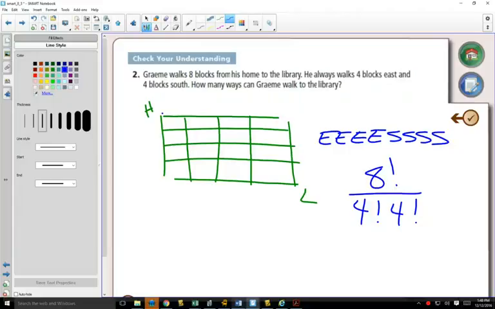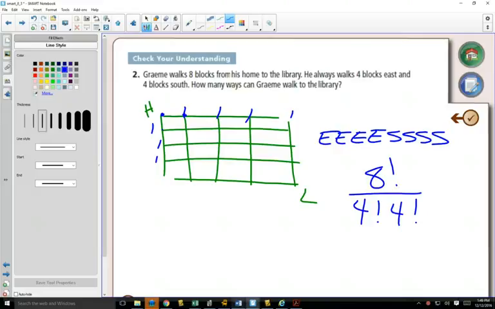Here's Graham. How many ways could he get to there? 1 way. Would you agree that there's only 1 way to get to there? Are there any other places that there's only 1 way to get there? All the way across, right? Only 1 way to get there, only 1 way to get there, right?